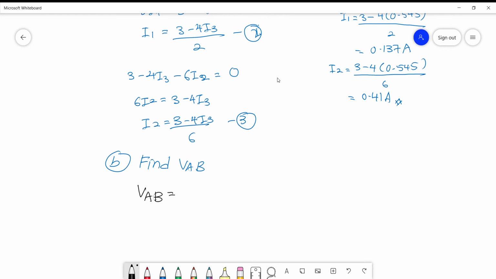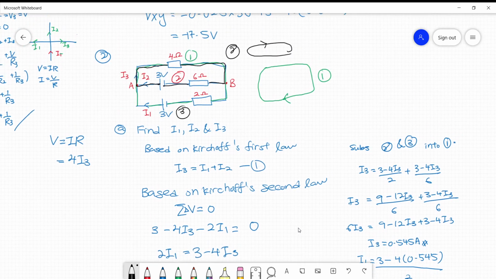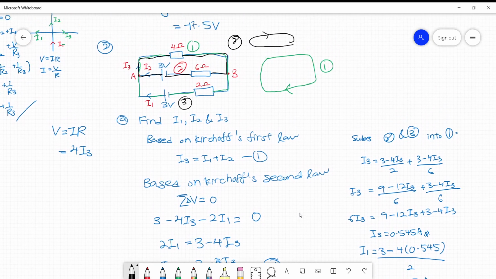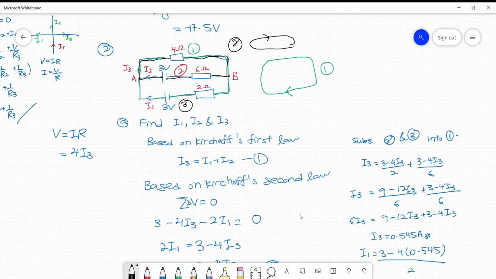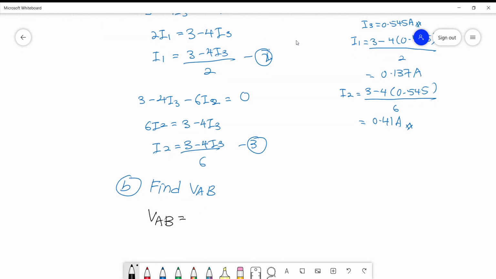VAB is equal to 4 times, and this is negative since the potential difference across the 4 ohm resistor is negative.